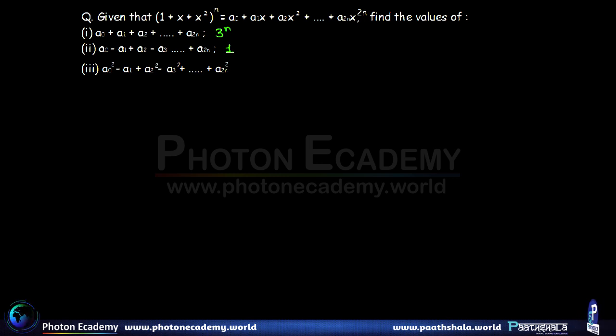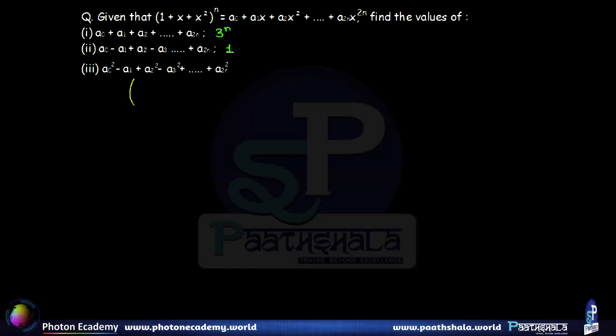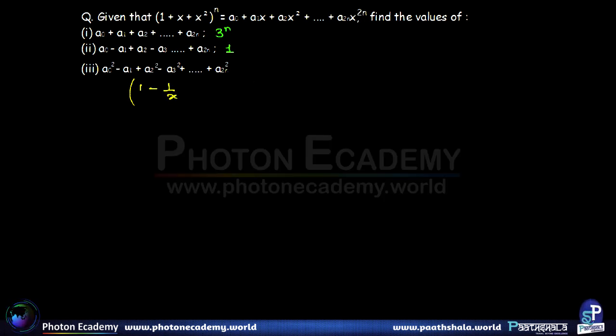Now the third question, this one's a little bit tricky. So let's start doing it. So first, instead of x, let us write the expansion of 1 minus 1 upon x, and the reason for doing that you will understand soon. So 1 minus 1 upon x plus 1 upon x square, the whole thing raised to n.